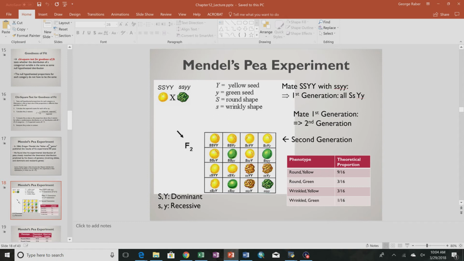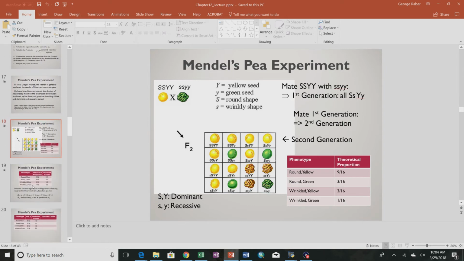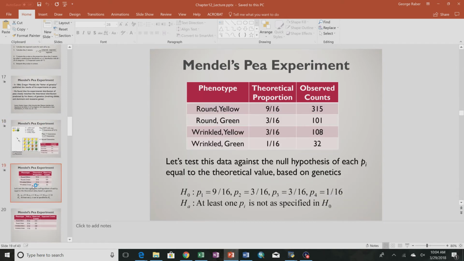So he was trying to decide, hey, are these theoretical proportions actually going to happen? Of course, when you go about doing your experiment, you get a different number, and they're in counts, not proportions. They don't boil down to exactly 9/16 of the data, because there's some randomness involved.